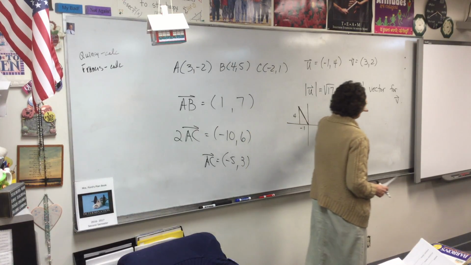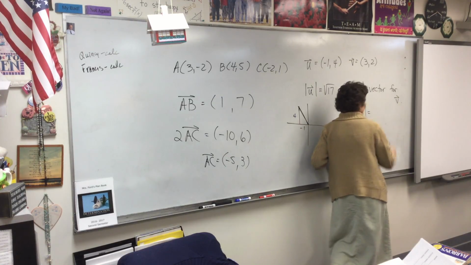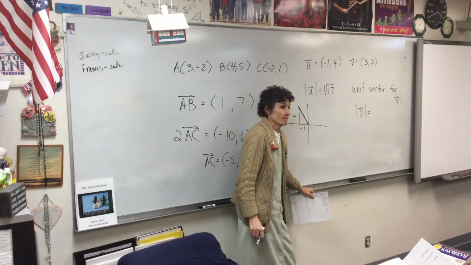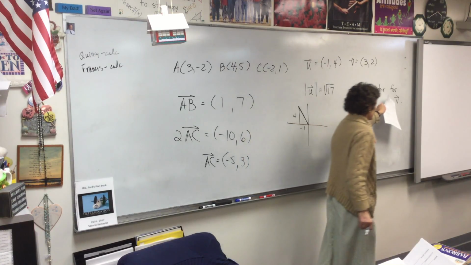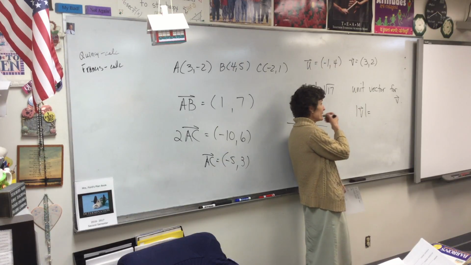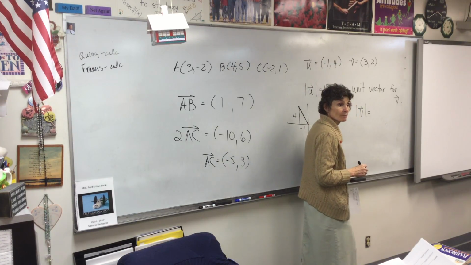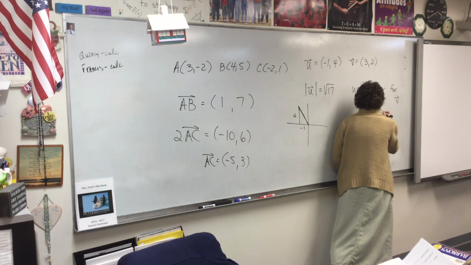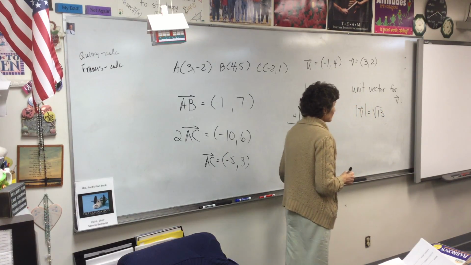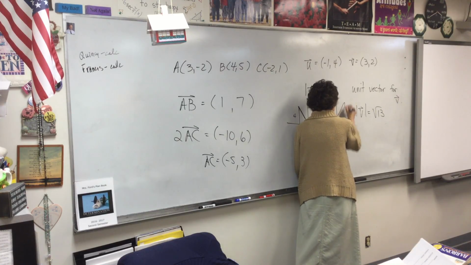Exactly. Now, this is V, not U. So the first thing I'm going to have to do is find out how long V is. I'm doing vector V. What is the magnitude of V? Do what you did right here, but do it with these numbers. Root 13. Now, you don't have to draw a picture of that, but if you can't do it without a picture, draw a picture, kids.